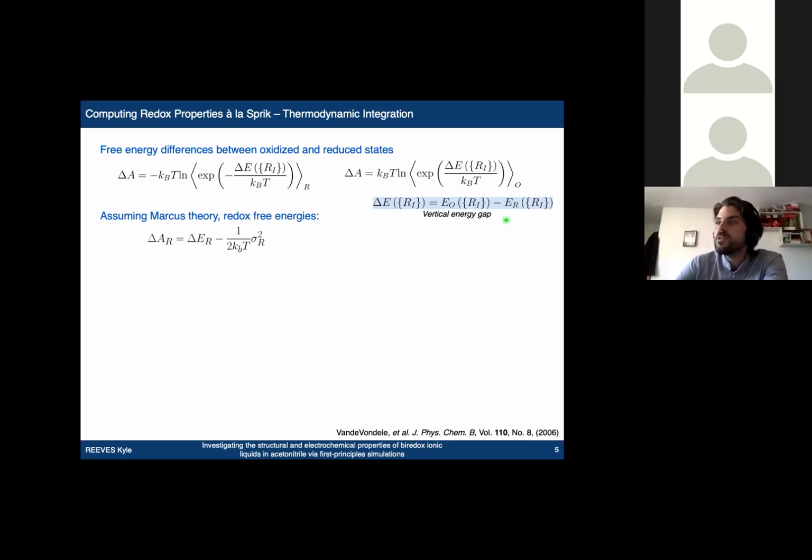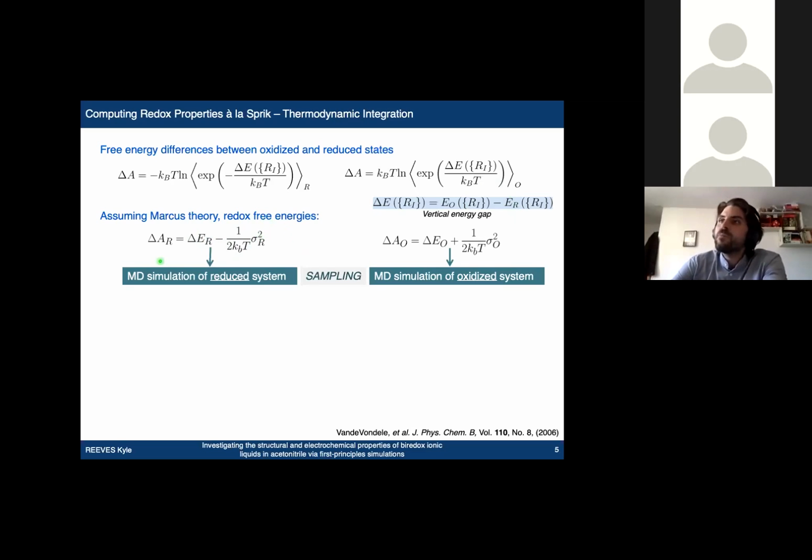We can simplify it assuming certain Gaussian fluctuations. And in the Marcus theory, which is often used in a simplified version of electron transfer, we have a two-term expression, one which is related to the delta E and one which is related to this term with sigma squared, which is related to the fluctuations. This is what's referred to as the reorganization energy. I point this out because this is exactly where our MD simulations come in.